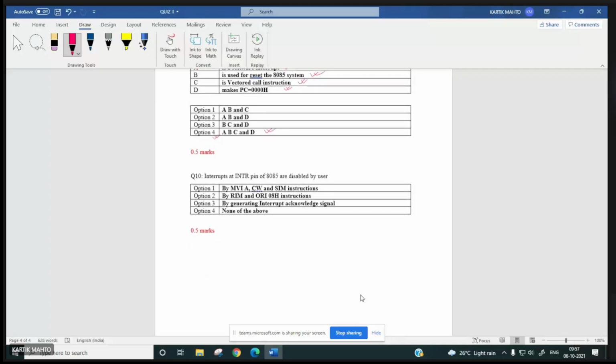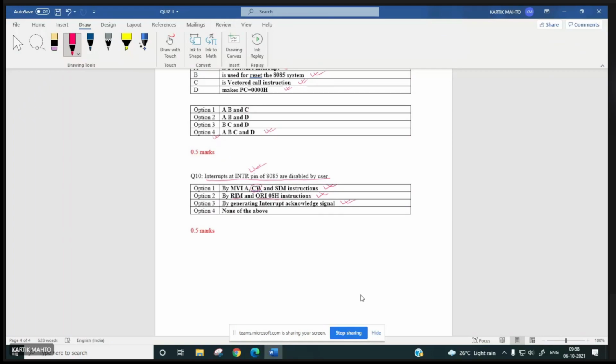Then another question on interrupts. Interrupts at the INTR pin of 8085 are disabled by the user by making an MVI A control word and SIM instruction, by using RIM and ORI instructions, or by generating an interrupt acknowledge signal. Definitely the user cannot generate the interrupt acknowledge. The 8085 generates it whenever an unmasked interrupt comes via any hardware interrupt pin.